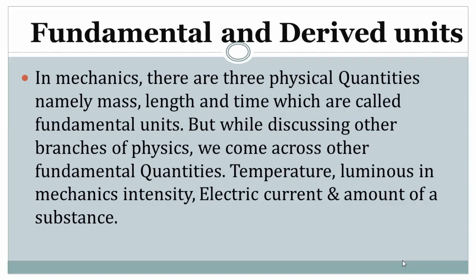Now let us understand fundamental and derived units. Before that, we must know what are fundamental and derived physical quantities. A fundamental quantity is one which is independent of all the other physical quantities, which means it is defined independently.